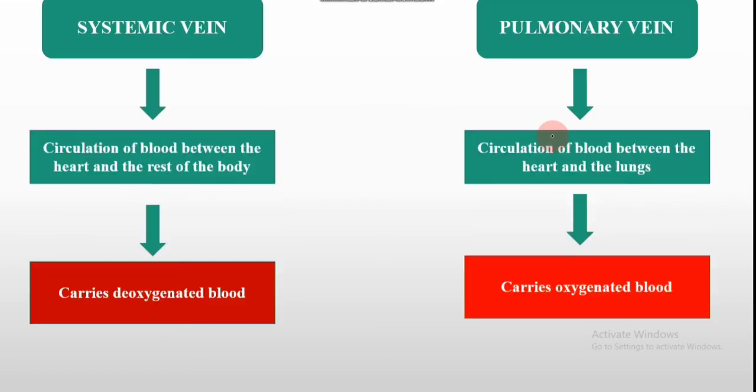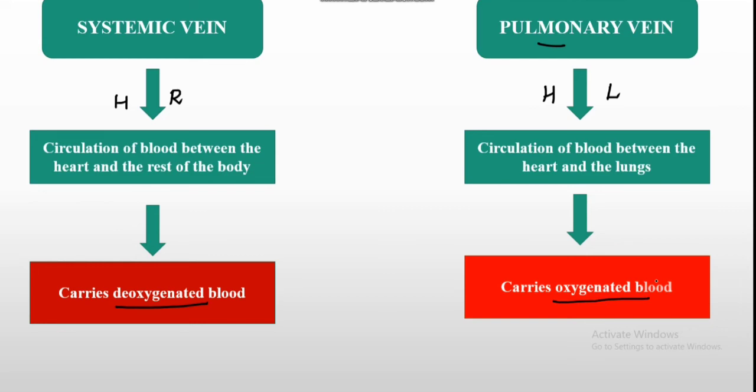You can see here systemic vein is heart and the rest of the body, and pulmonary vein is heart and the lungs. Now in the case of the systemic vein, it will always carry deoxygenated blood, and the pulmonary vein will always carry oxygenated blood, just the opposite of what we have seen before.